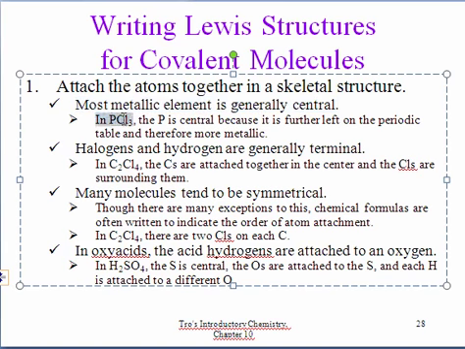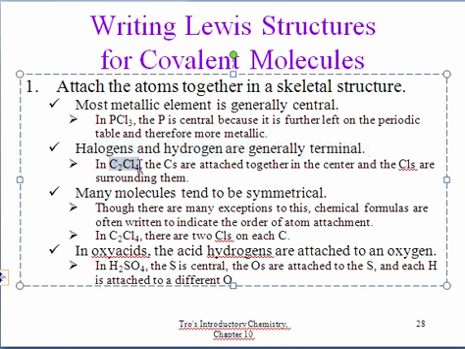However, if you have a molecule like phosphorus trichloride, there's only 1 phosphorus. If there's only 1 of an element and more than 1 of another element, the one there's only 1 of is going to be the central atom. Halogens and hydrogens are generally terminal, meaning they only have 1 bond and are not going to be the center.